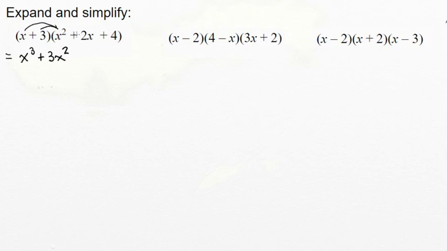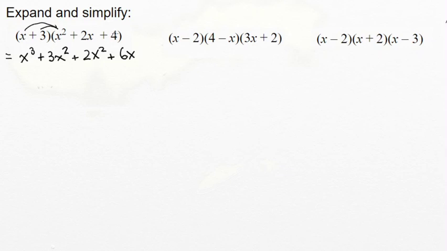Now the second one, 2x, if we do the same thing, so we are going to expand into the second term. So x times 2x is 2x squared. 3 times 2x is 6x, right? 2 times 3, that's 6, and then there's an x.